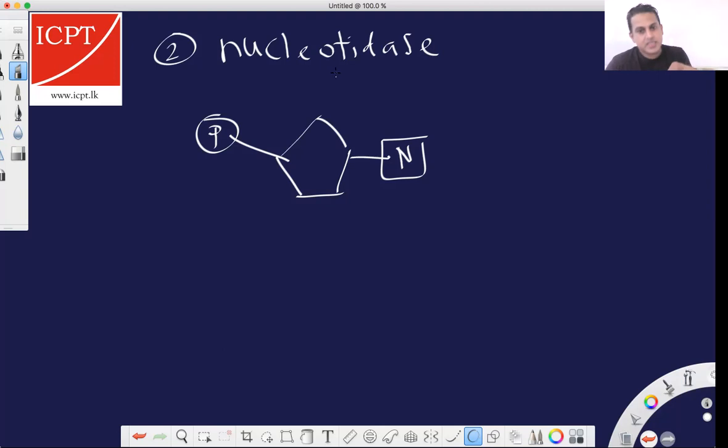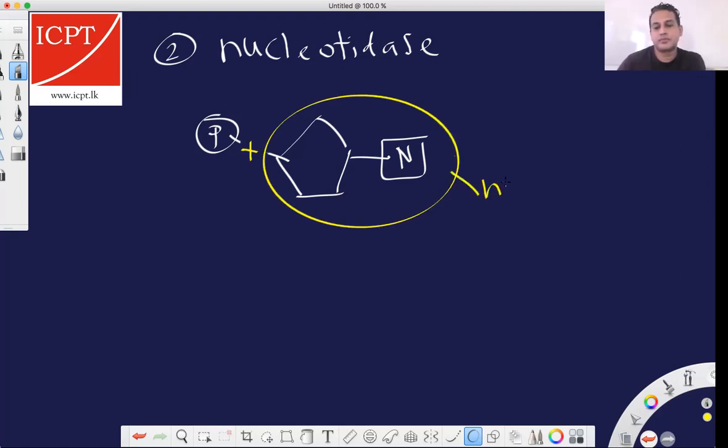So nucleotide is the substrate, nucleotidase is the enzyme. So this nucleotidase breaks up the monophosphomonoester bond. That means these bonds breaking. Resulted phosphate group plus this one is now called nucleoside.